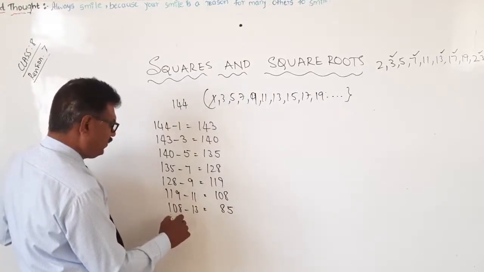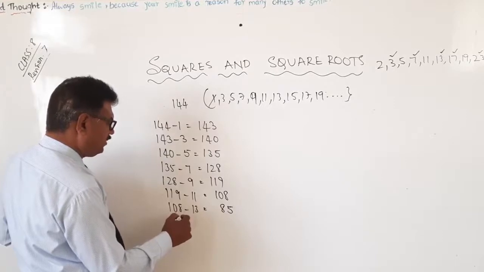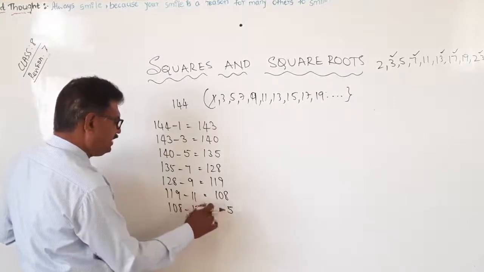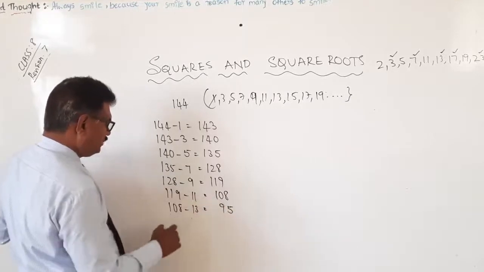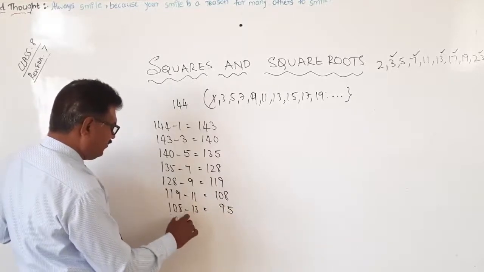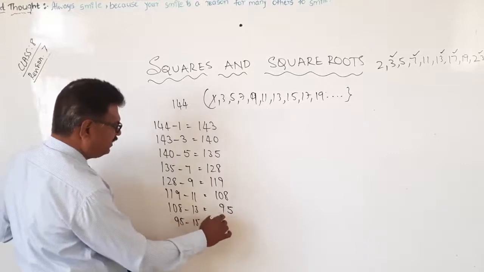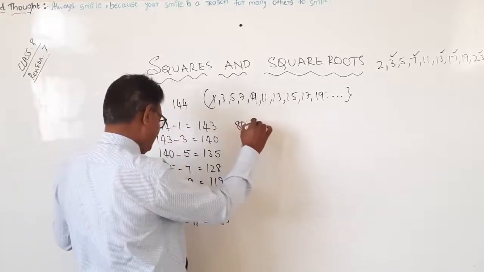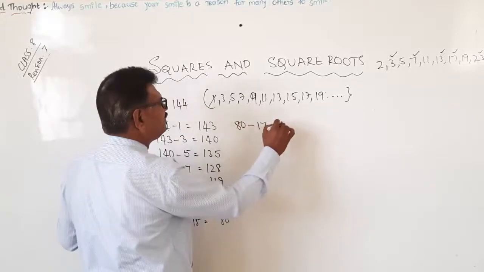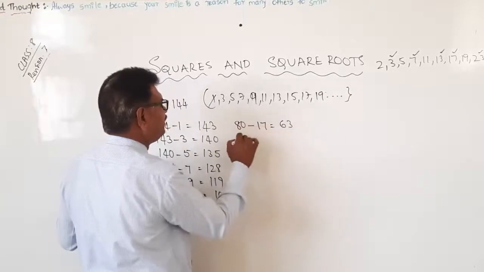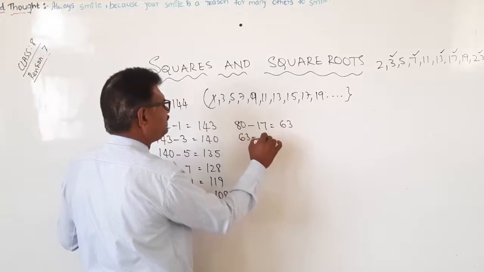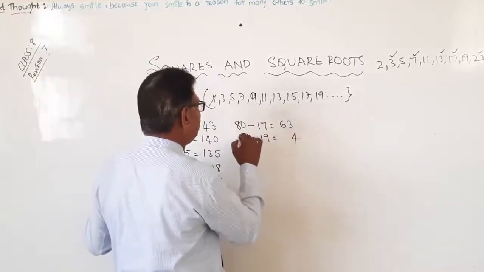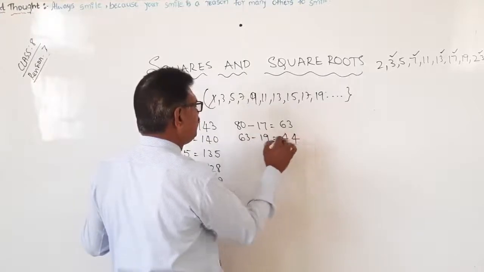Okay? Yes. It is 95. Now again, 95 minus 15, it is 80. Again, 80 minus 17, 63. 63 minus 19 is 44.